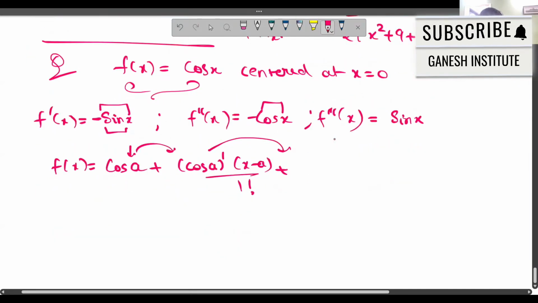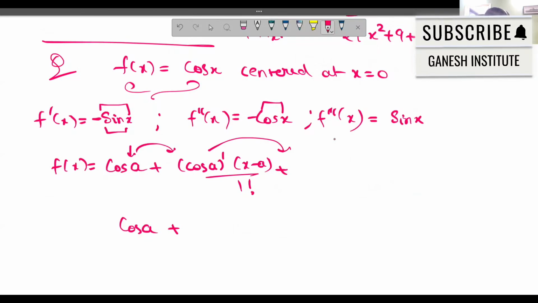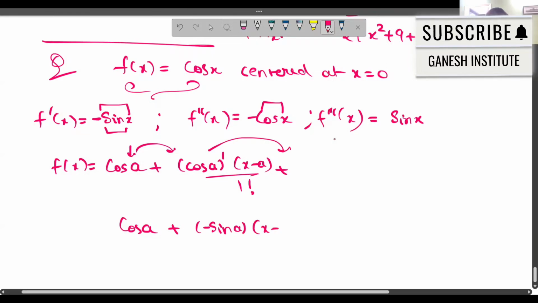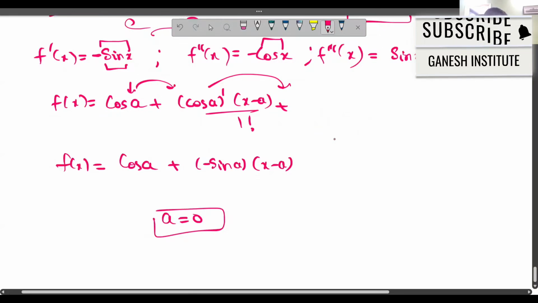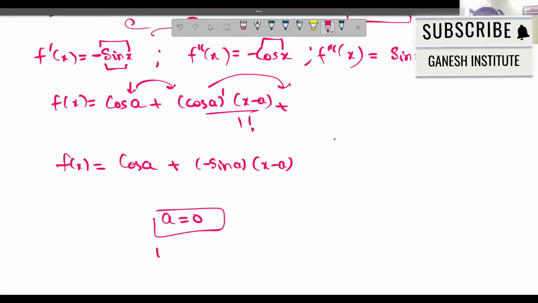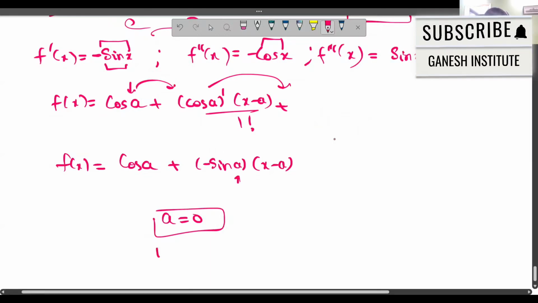Double derivative of that, x minus a. So for cos it would be minus sin a into x minus a. Basically the base is x0, so a is 0 initially, because I need to leave the answer in x form only. I'll simply put the value. Cos 0 is 1, sin 0 is 0.